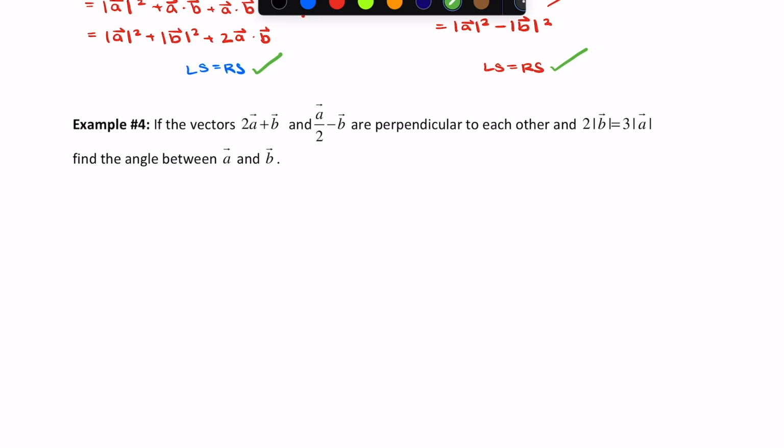Okay, so the first thing we're going to do here is let vector M equal 2 times vector A plus vector B, and we're going to let N equal vector A over 2 minus vector B.